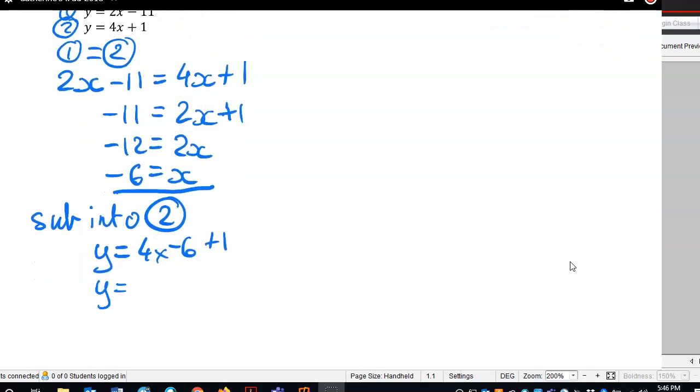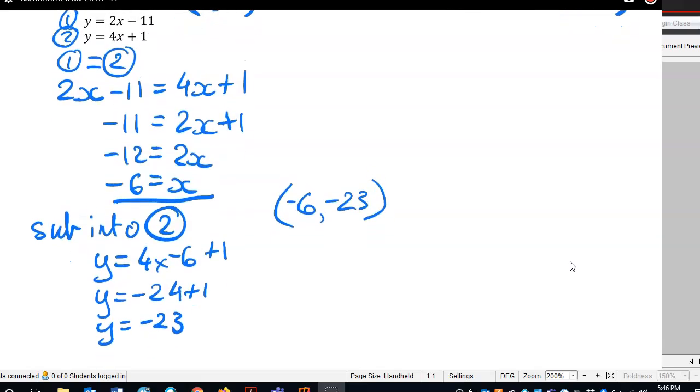So y is equal to negative 24 plus 1. So y is equal to negative 23. Now, this one, obviously I could have used my CAS calculator to solve. I could also have done it graphically, seeing especially as it's in nice y equals format.